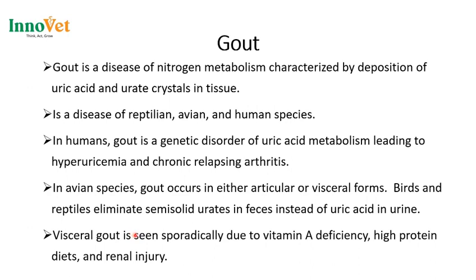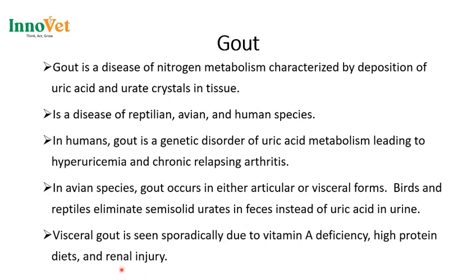Visceral gout is seen sporadically due to vitamin A deficiency. Why vitamin A deficiency? Because vitamin A is responsible for the maintenance of the epithelia within our tissues. Then high protein diets, which is very common in humans. Whenever you take in high protein diets, this increases the susceptibility to accumulation of uric acid within the blood system, because uric acid is a result of nitrogen metabolism.